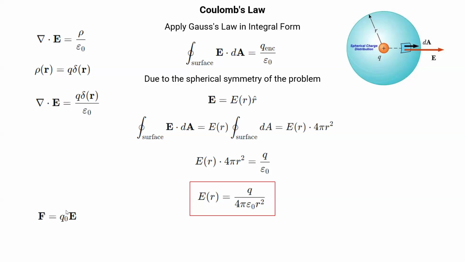So for the force between the charges, I need to multiply this electric field by my probe charge, and we come to the final Coulomb's law, Coulomb's formula that describes the force between the two charges. The formula is symmetric according to the charge Q1 or Q2, which means that this force is exactly the same. The force one charge acts on the second one is exactly the same as the second one acts on the first one.